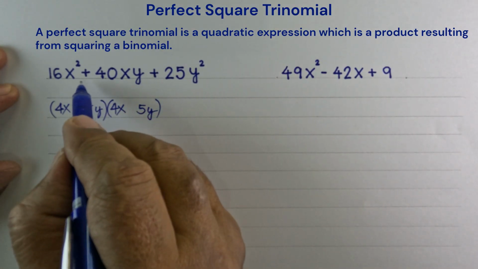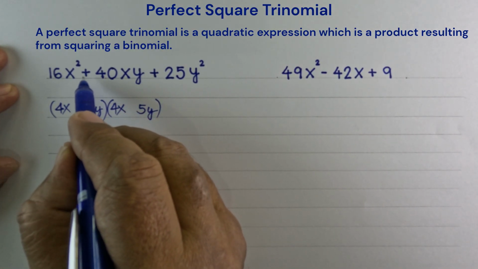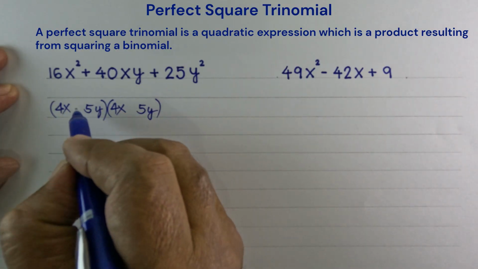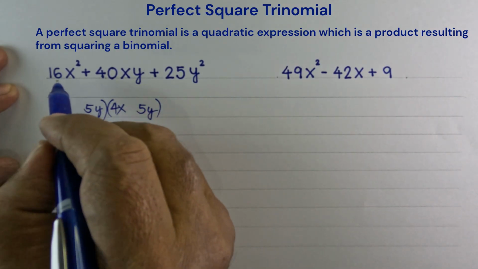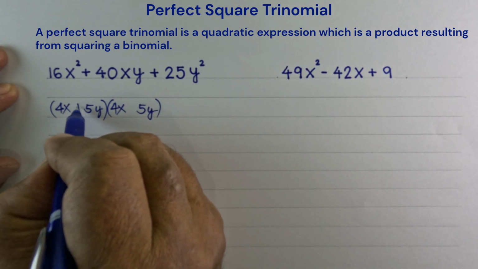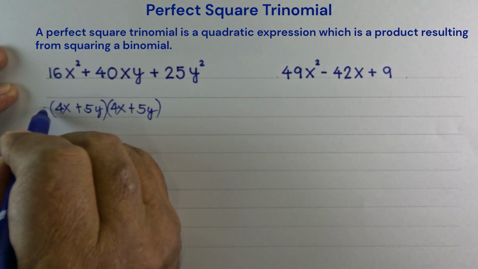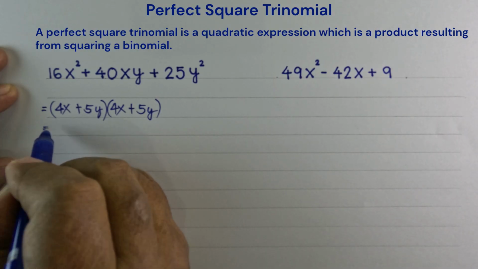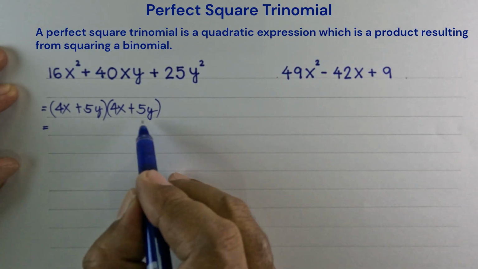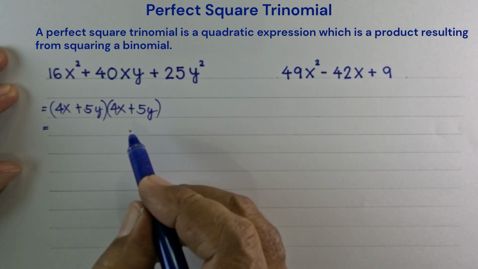Now, the sign of the middle term is positive, so what must be positive here? I write here a plus and a plus here. So this is now a product of two identical binomials.